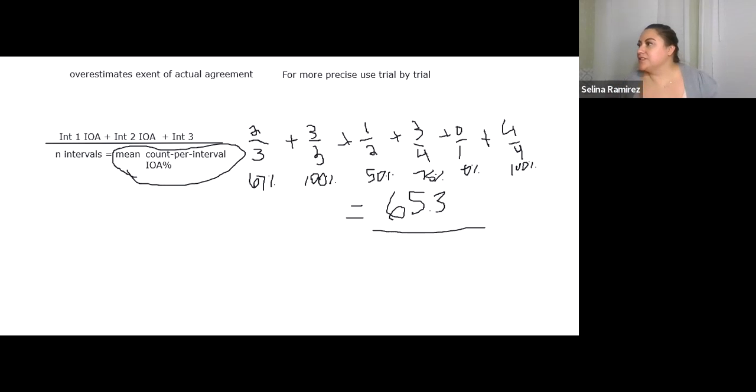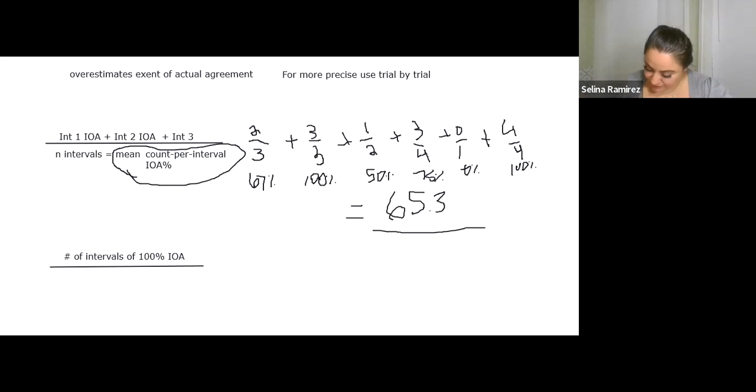Exact count is the number of intervals of 100% IOA. So we want to get even more exact and see how accurate this data is.